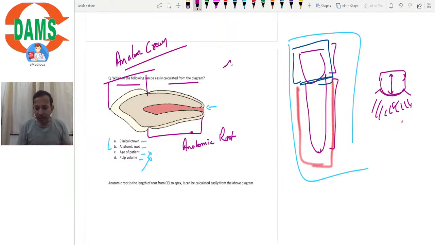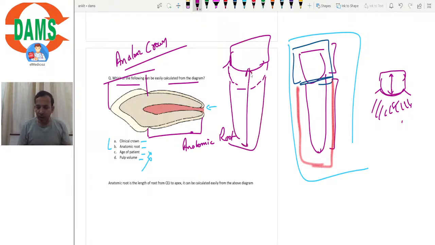Let's say initially this much crown was visible, and the remainder of the crown was inside the bone or the gingiva. Then the clinical root was longer and the clinical crown was shorter. But with age, the gingiva will recede, the tooth will erupt, so the dimension of the clinical crown will increase and the clinical root will decrease with age. Is it clear?